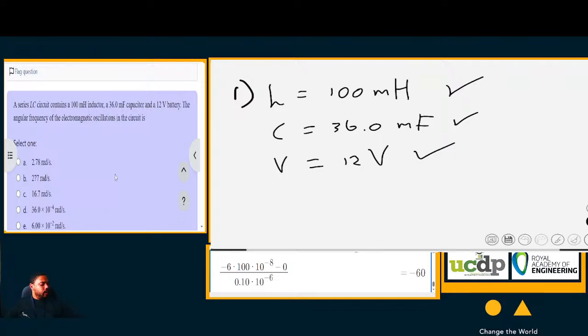Now there is one formula that allows you to calculate the angular frequency of an EM oscillation in an LC circuit. That formula says that the angular frequency is equal to 1 over the square root of the inductance multiplied by the capacitance in that series circuit. This will allow you to calculate the angular frequency of this particular circuit.